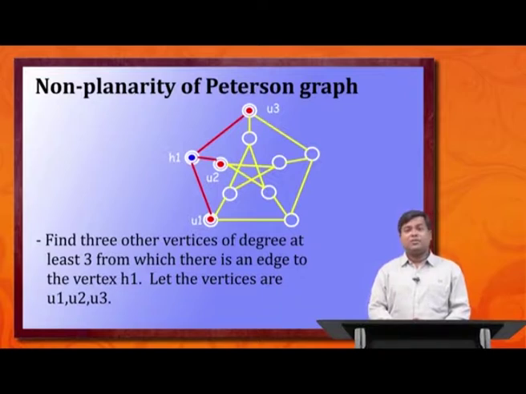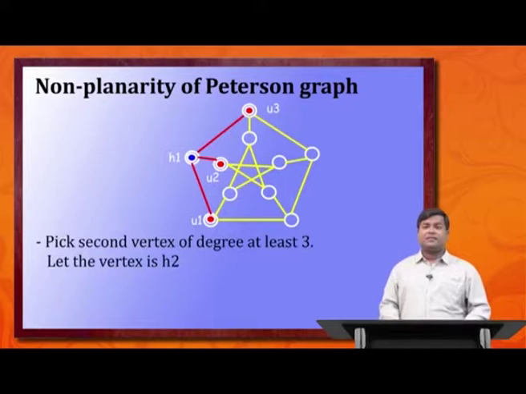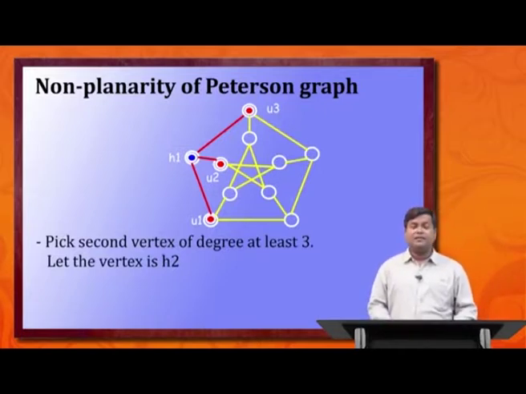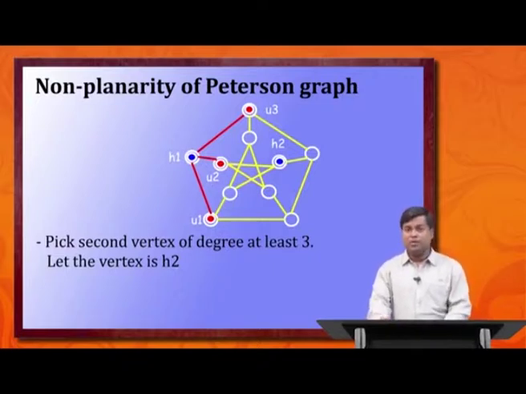Okay, let's proceed. Pick the second vertex of degree at least 3 and let the vertex be H2. We are seeing a lot of other vertices which have degree 3, so we have chosen a vertex from that list. Let's say we have marked this as vertex H2 and colored it in blue.